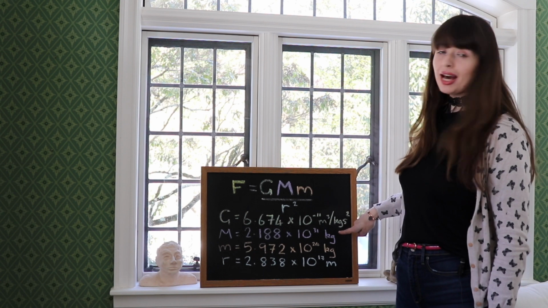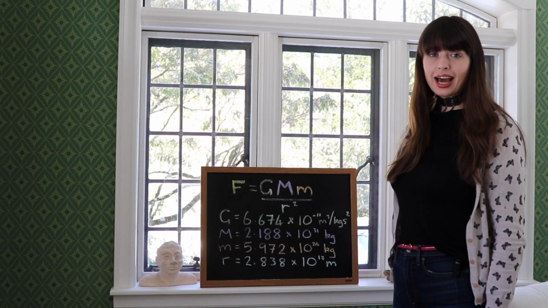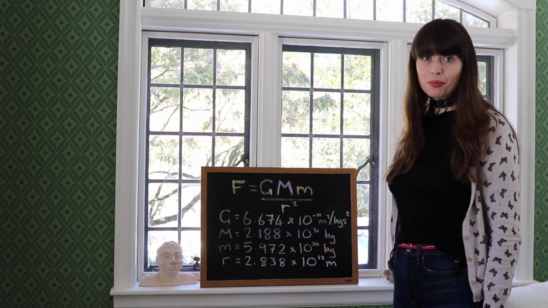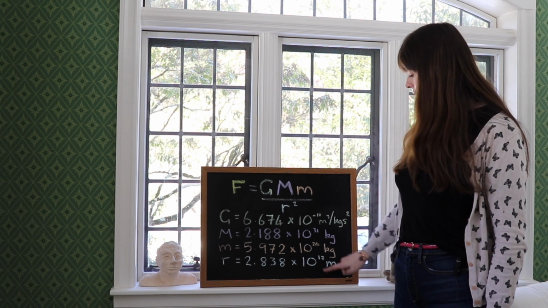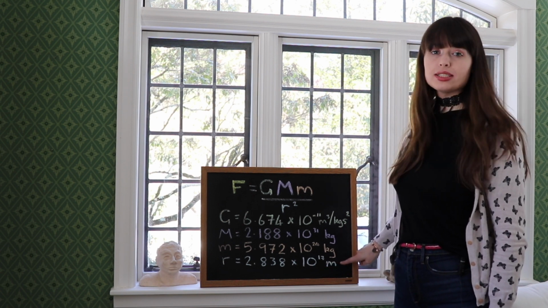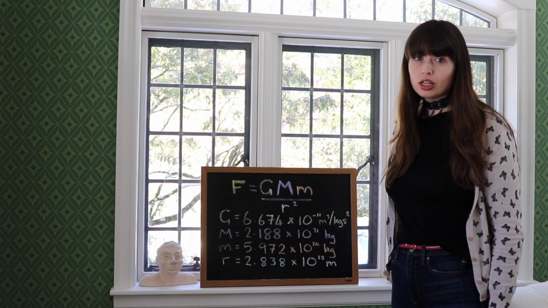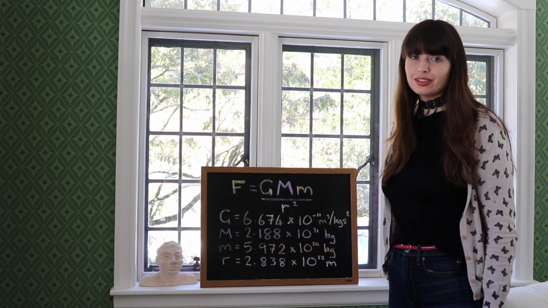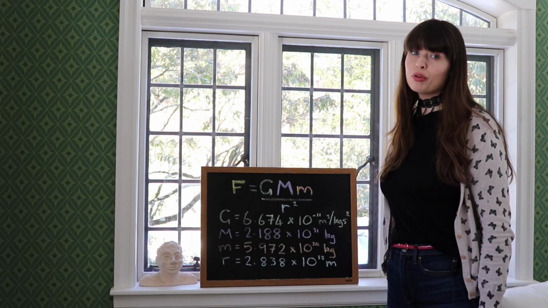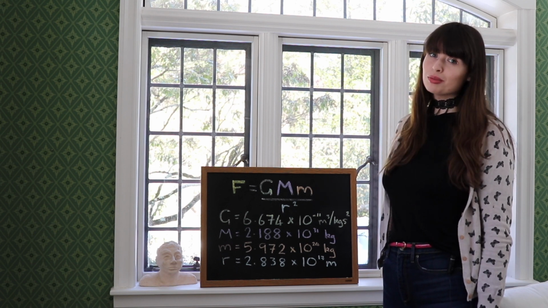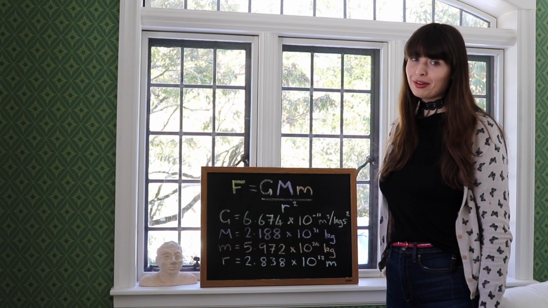Now, this mass of the black hole is the actual mass of the closest known black hole to Earth, and this distance is the equivalent to 30 light years. Now, the closest known black hole to Earth is actually 3,000 light years away, so I have essentially brought that black hole 100 times closer to the Earth for this calculation.